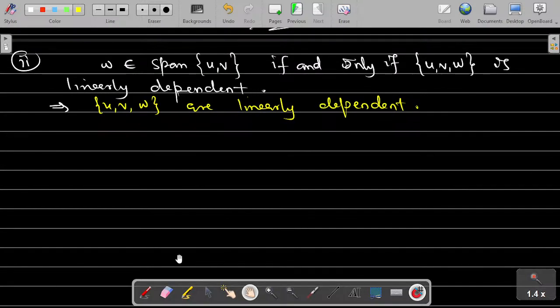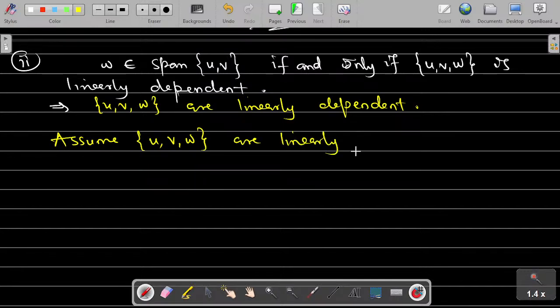Okay, so let us now assume that U, V and W are linearly dependent. So I'm going from the back up now. Assume that they are linearly dependent, or dependent sets.